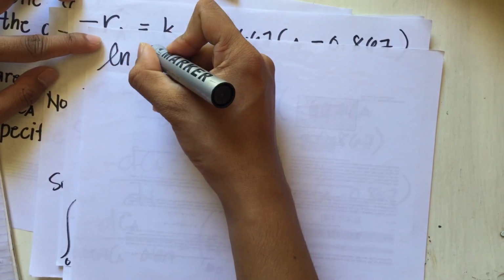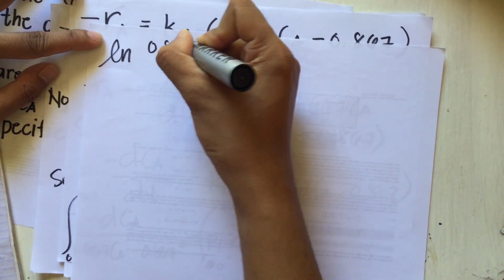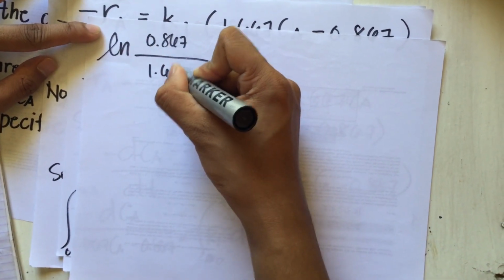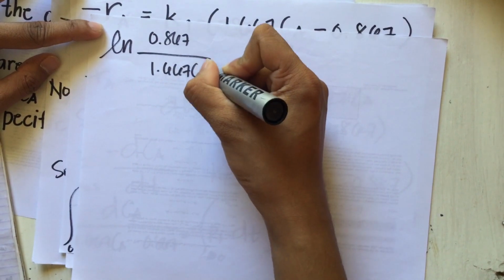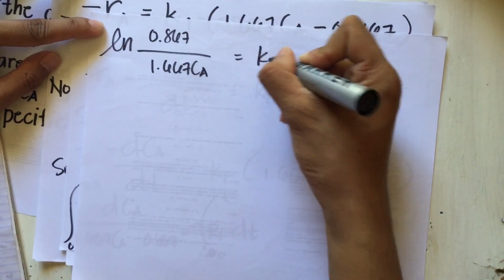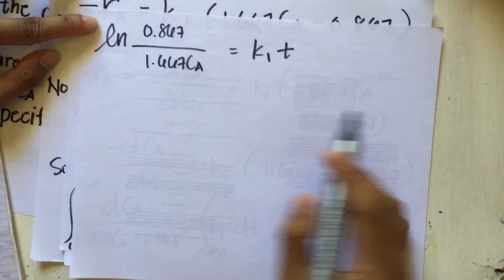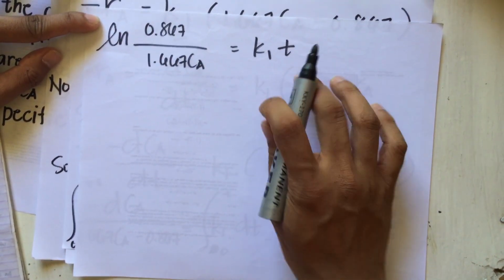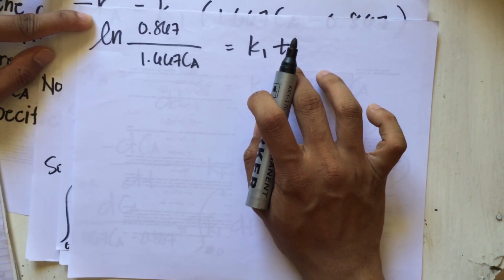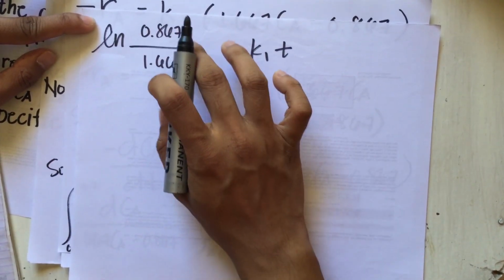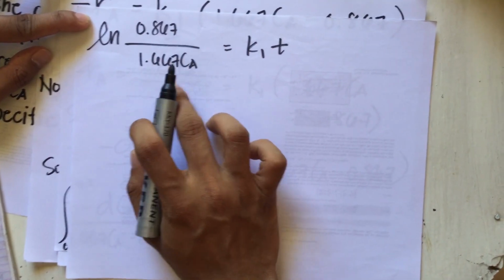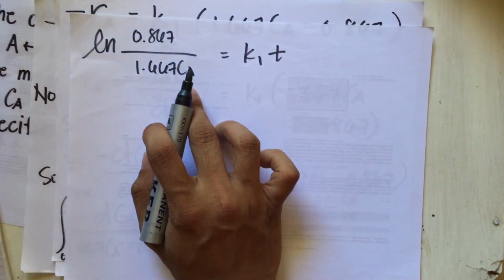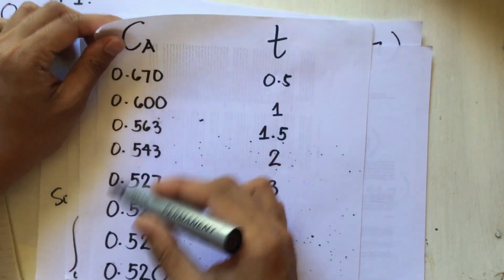ln of 0.867 all over 1.667 CA equals K1 T. Now we graph this using our calculator with the x-axis of T and the y-axis ln of 0.867 all over 1.667 CA, using our given table.